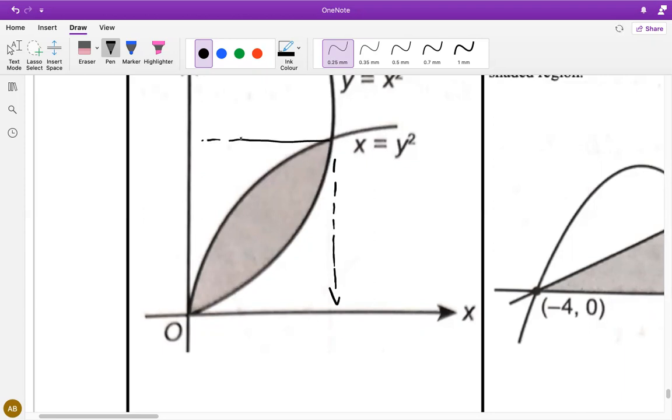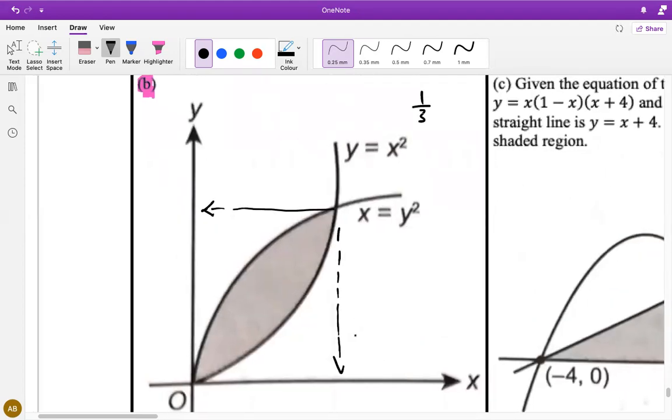You use the area between the curve and the y-axis, or the curve with the x-axis also can, right? But first thing you need to find is the intersection point here. So I substitute the x into y squared, therefore x squared equals y.